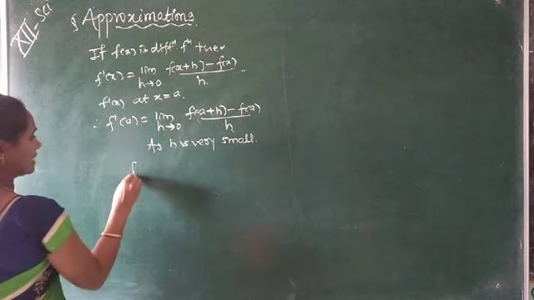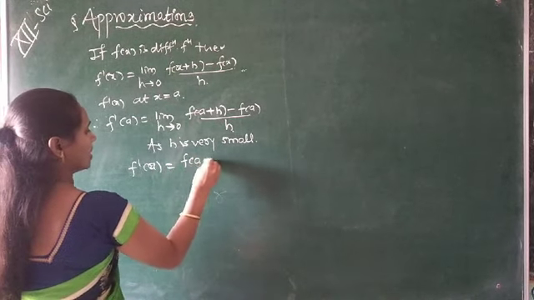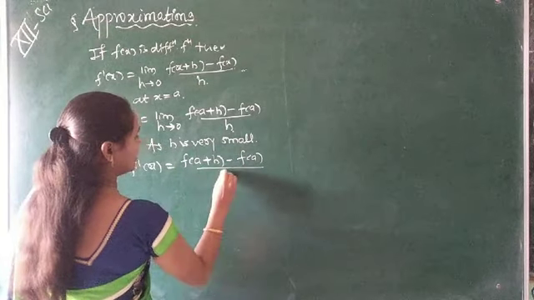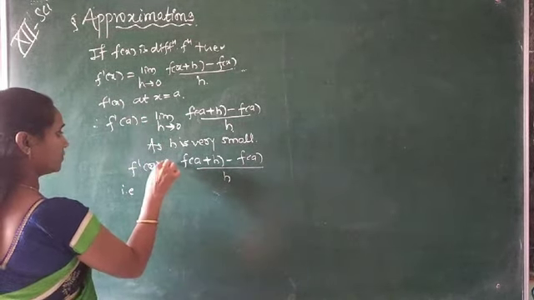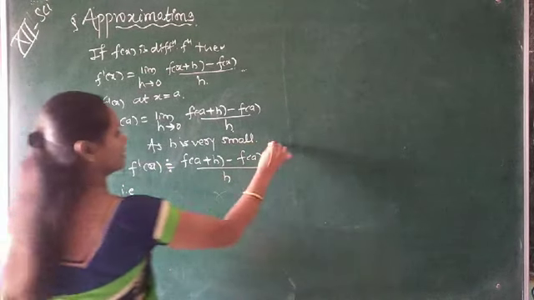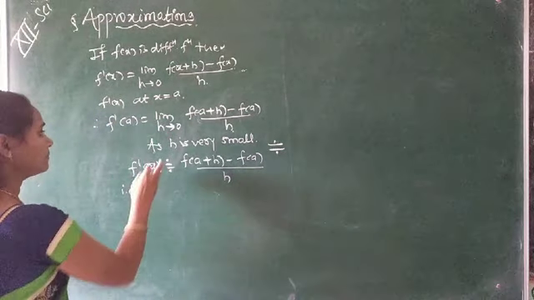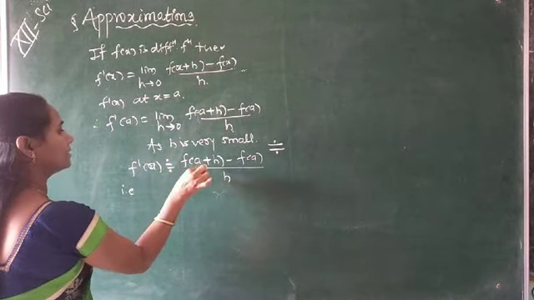Then we write f dash of a is equal to f of a plus h minus f of a upon h. Here we take the approximate sign. This is the symbol of approximation. If h is very small, then we write f dash of a is approximately equal to this.